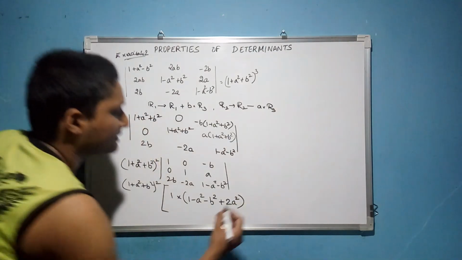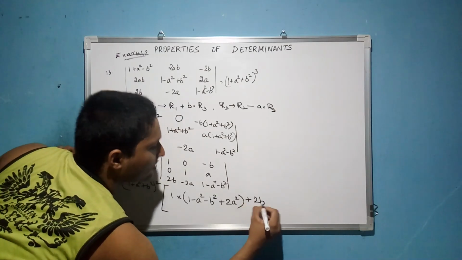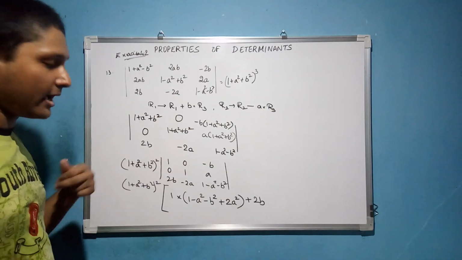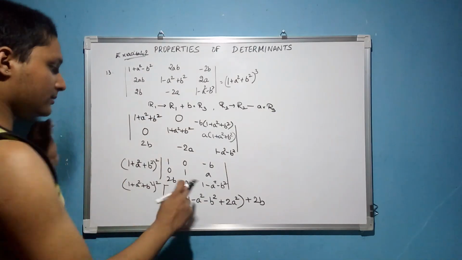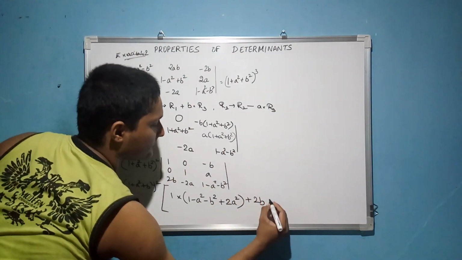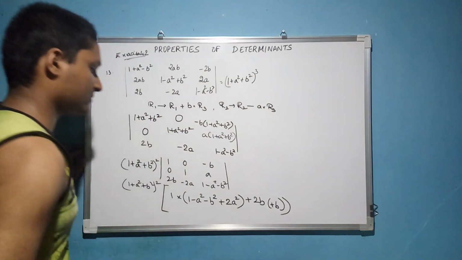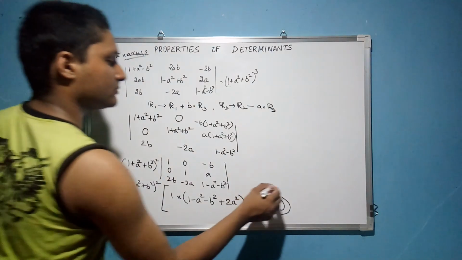Okay, that much is over. Then you have plus 2b, because this one is 0, negative sign, no problem. So here you have 2b, so that 2b, this becomes minus b. Minus of minus b comes to be plus b. Okay, that's all about that.